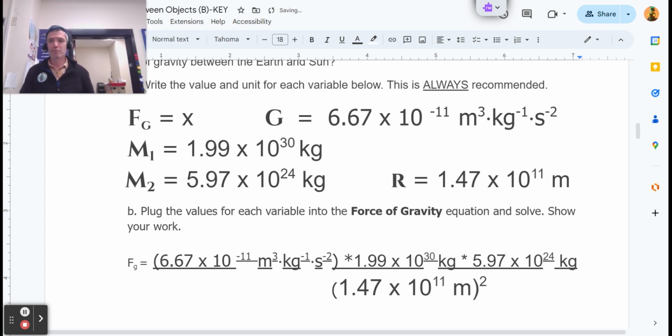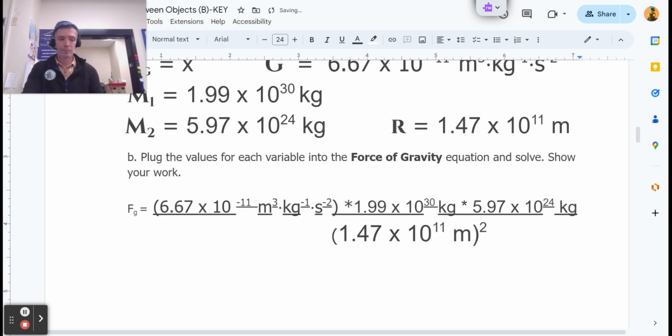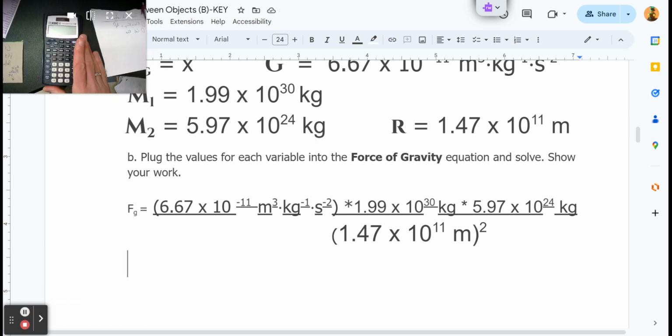All right. Now, I'm going to square the number on the bottom first when I put it into the calculator. Okay? I'm going to square the bottom number.